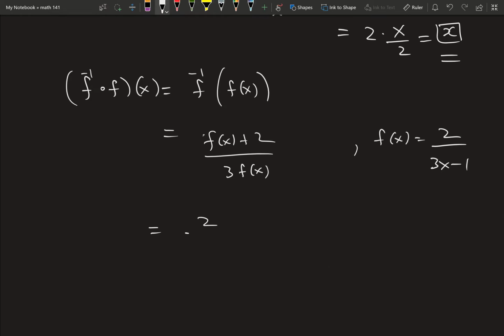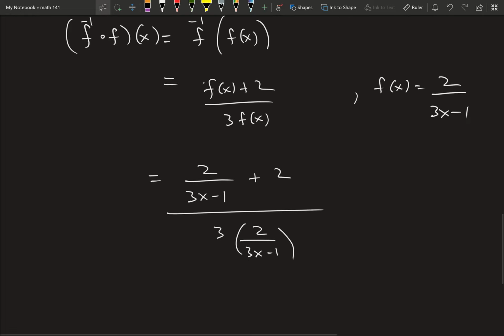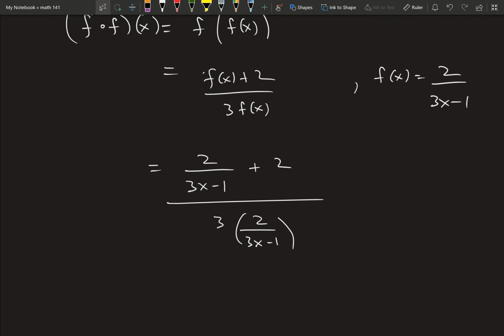So what do we get here? We get 2 divided by 3x minus 1 plus 2 all over 3 times 2 over 3x minus 1. Okay, well, we have to put a common denominator on the top. Remember, 2 is the same as 2 divided by 1. So the common denominator here is just 3x minus 1.